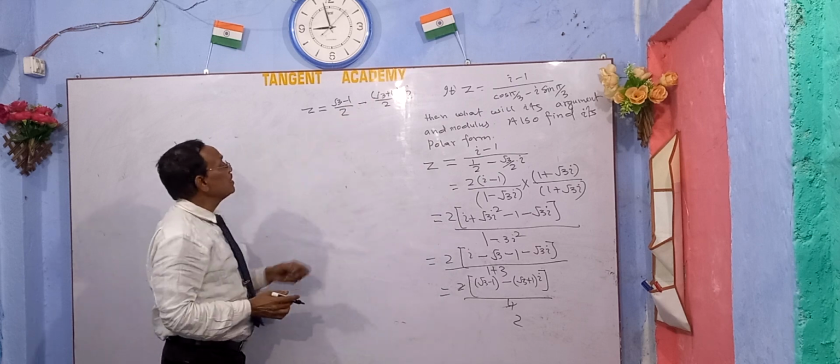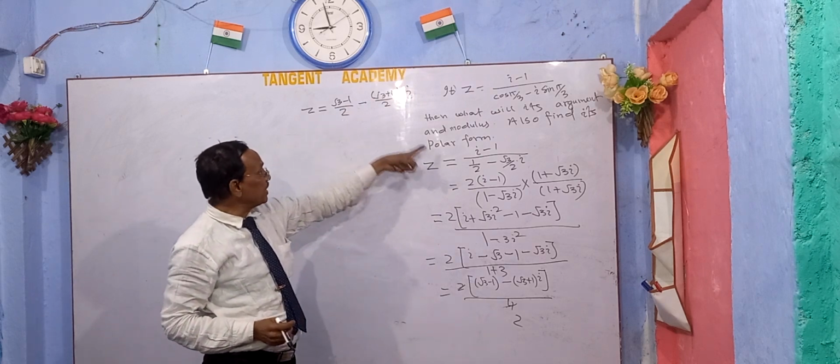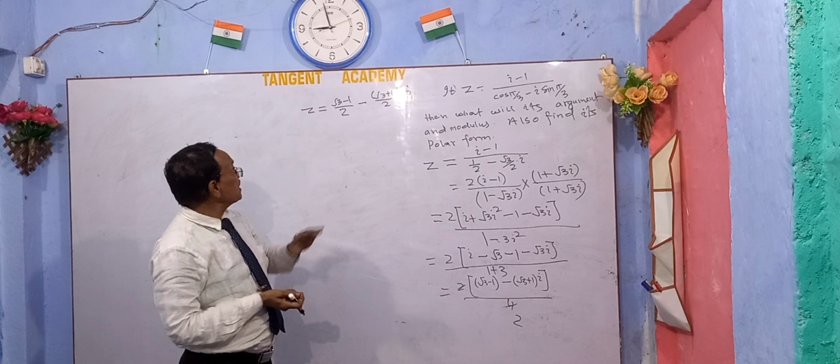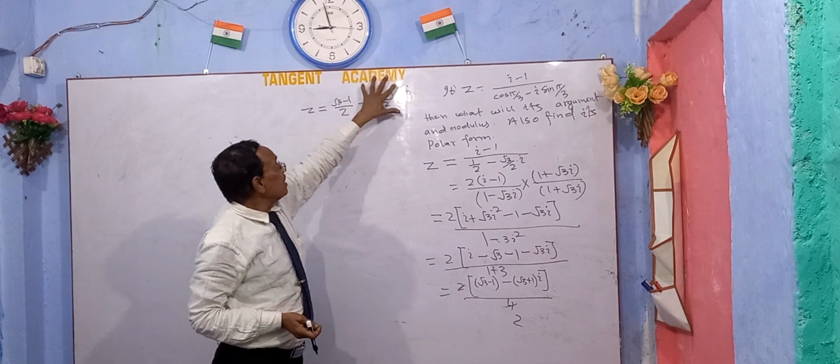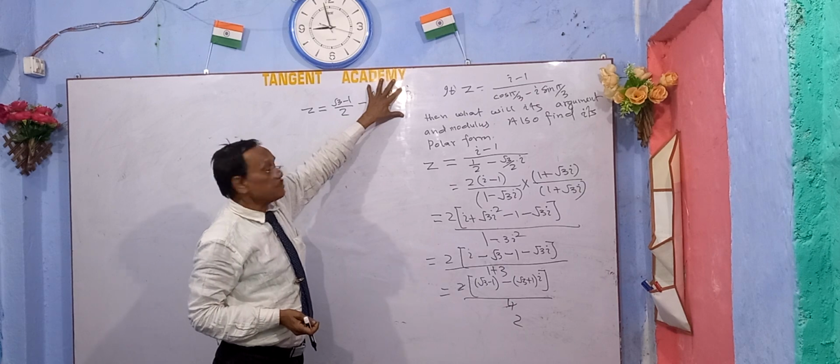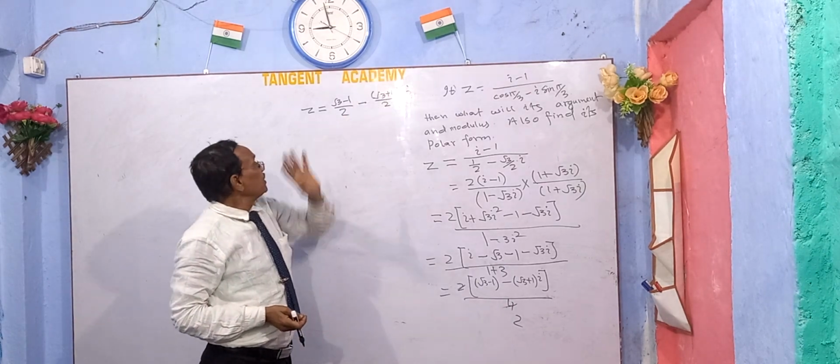Now it is the form of the complex number given. Now it is clearly x plus iy. This is in the form of x plus iy.